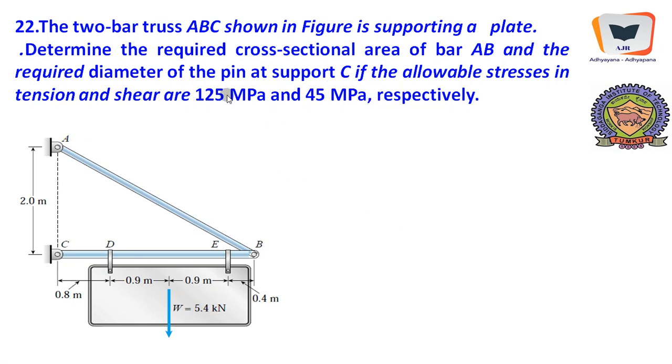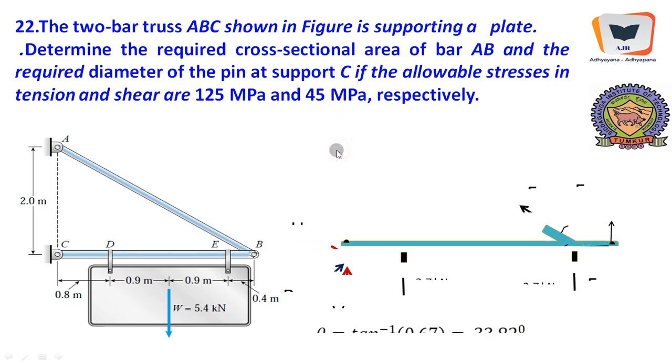The pin at support C is under allowable stresses in tension and shear are 125 MPa. So this is permitted to experience an allowable stress of 120 MPa, which is tension naturally, and as far as this pin is concerned, it can experience a shear stress of around 45 MPa respectively.